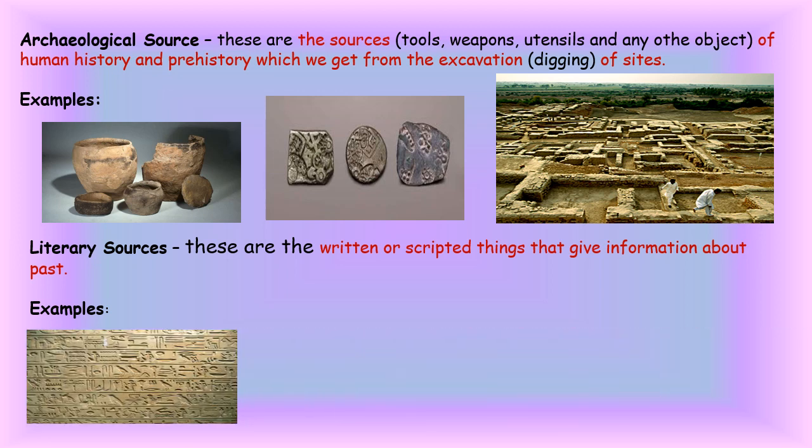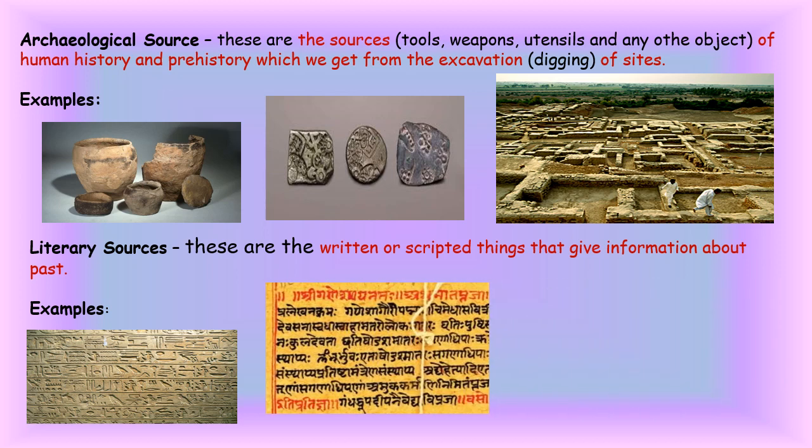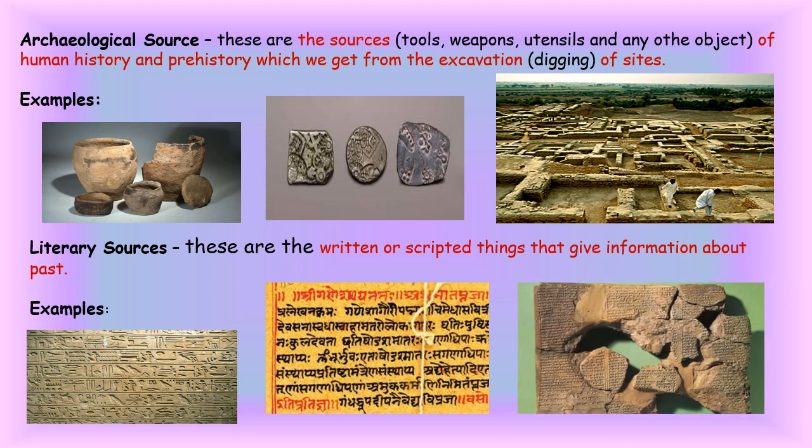For example, see, this is a clay tablet and you can see something scripted on this. This is another example of scripted or literary sources. This is again another example. So I believe archaeological and literary sources are clear to you all.